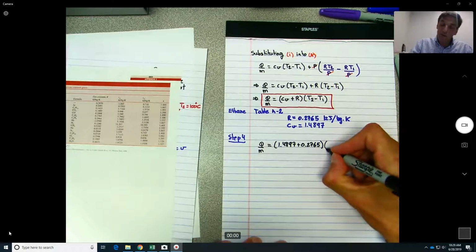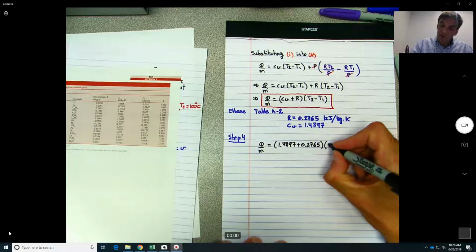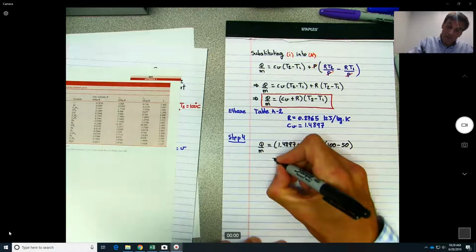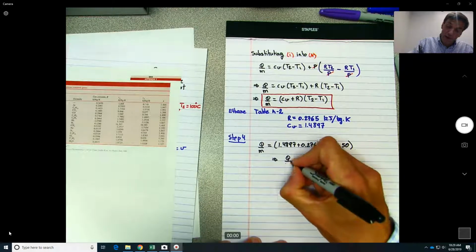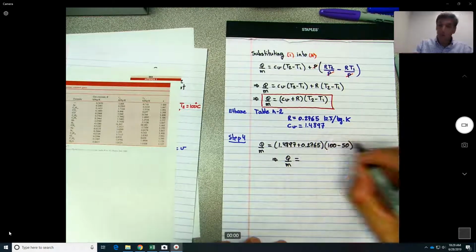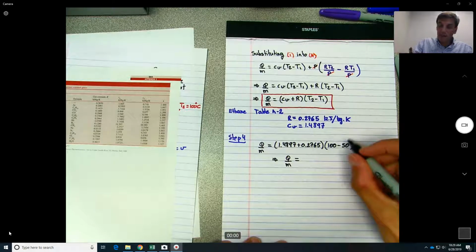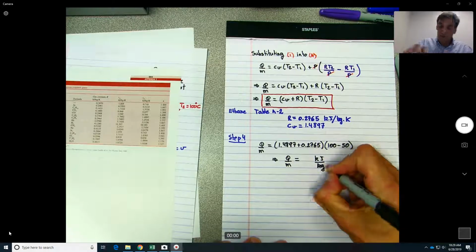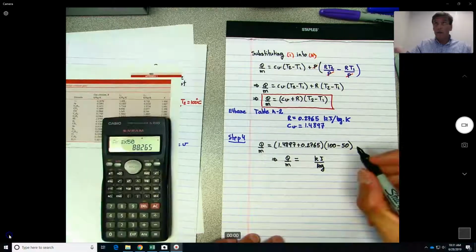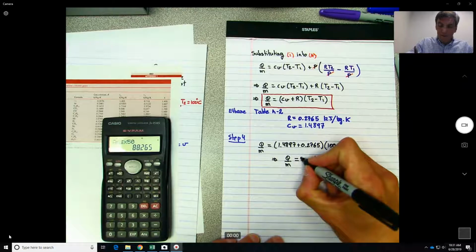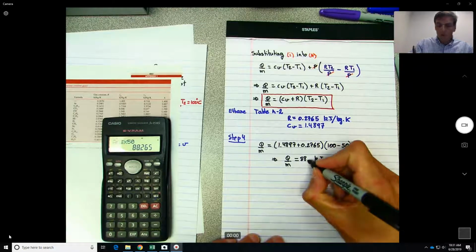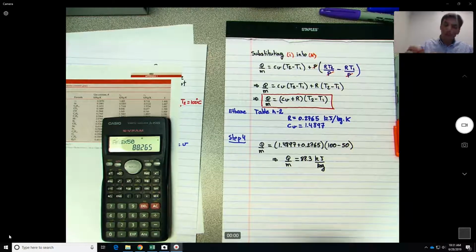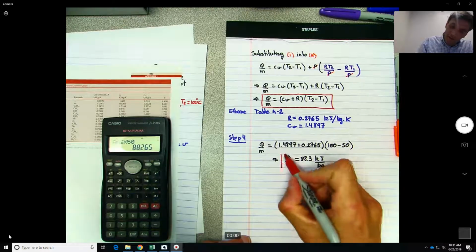So you can keep it in Celsius in this case. So it will be 100 minus 50. After plugging these values into your calculator, you will get a result in kilojoules per kilogram of 88.3. Okay, it's really 88.265.